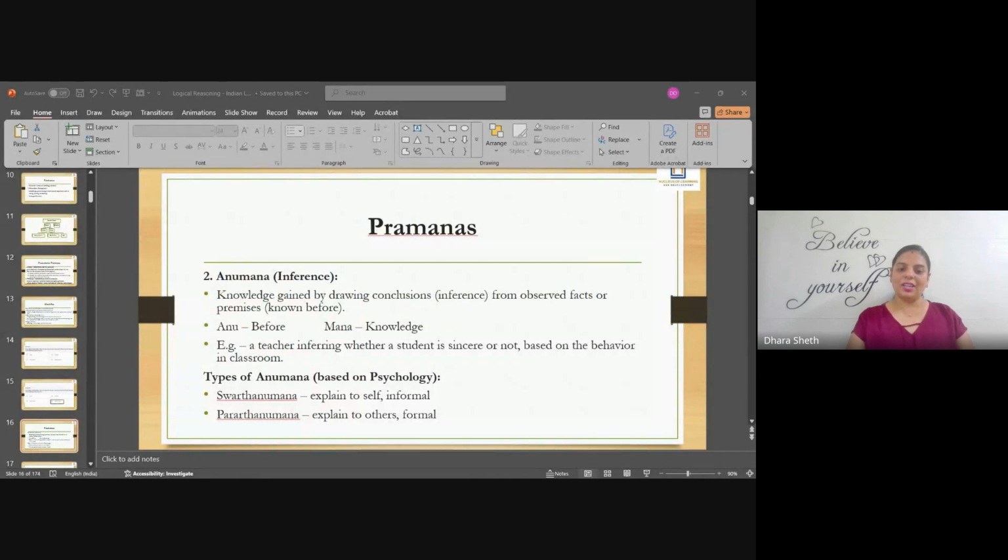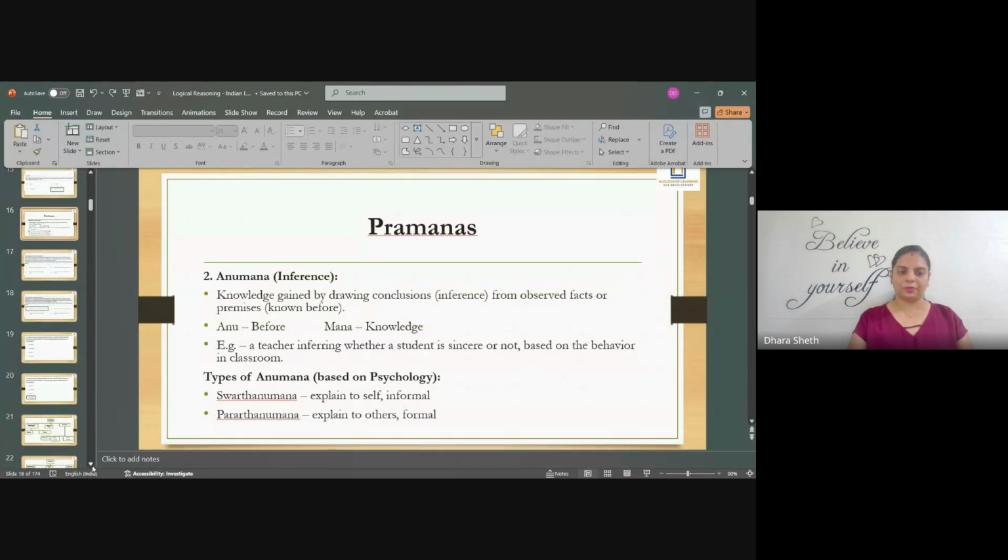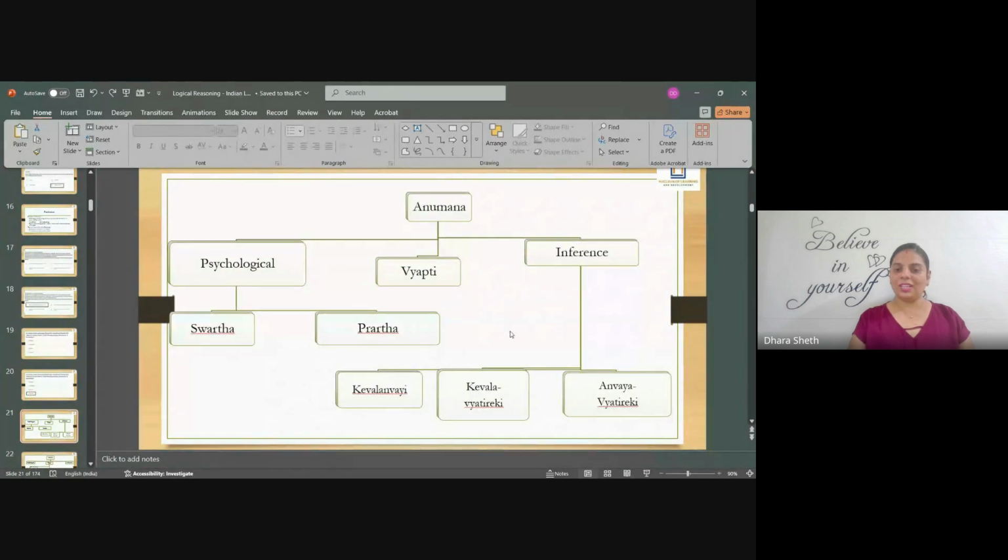Now, anuman is of three types. Anuman is not of three types. The classification of anuman is done in three ways: psychological, vyapti, and induction. Oh sorry, it's not inference, it's induction.